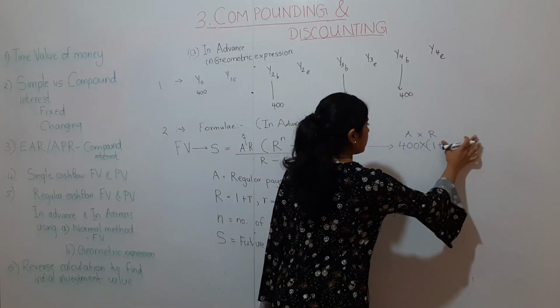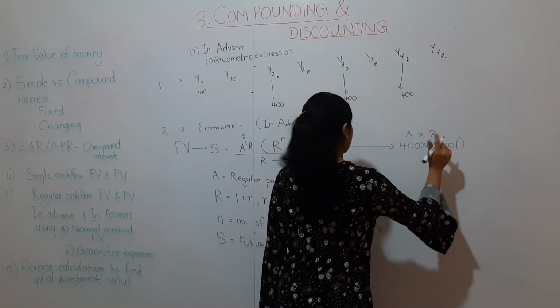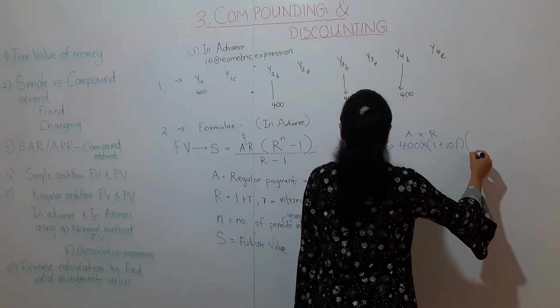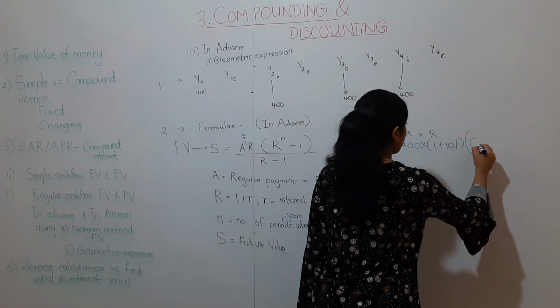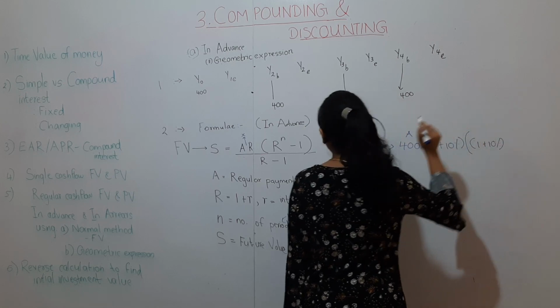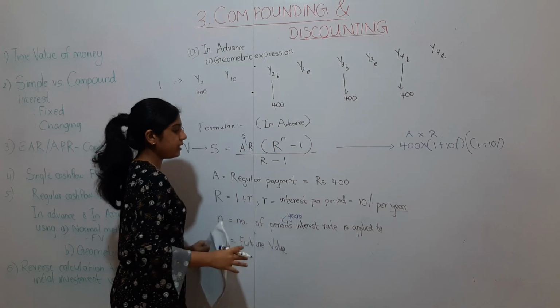So this will be 10%. Multiply again by 1 plus 10%, which is R, to the power n. Now n is the number of years interest rate is applied to.